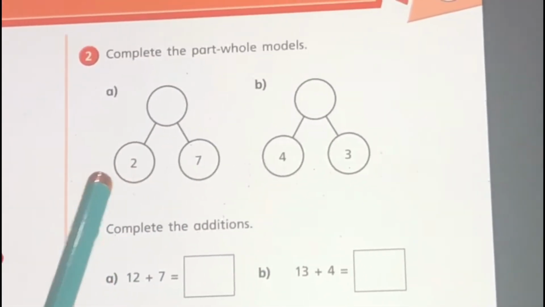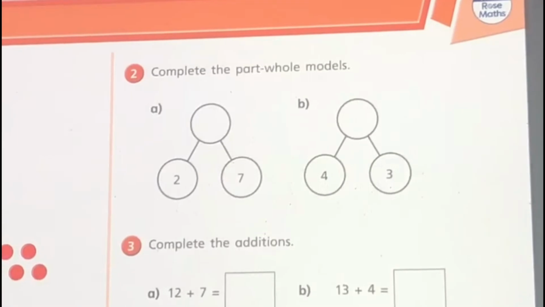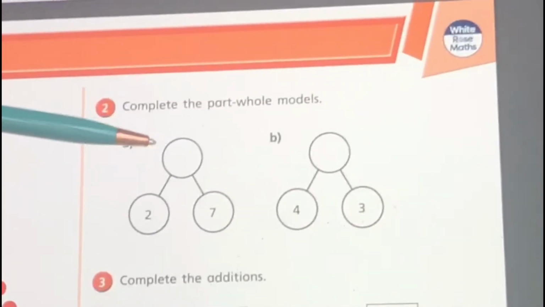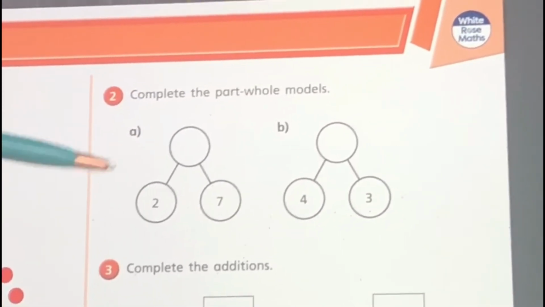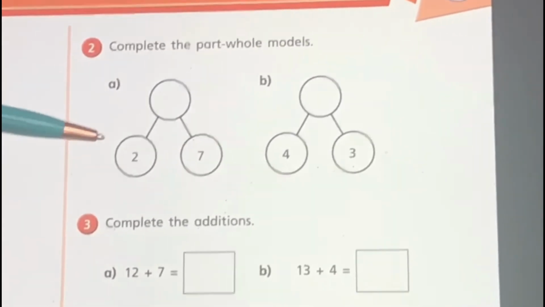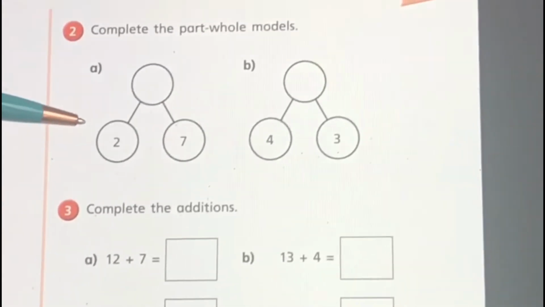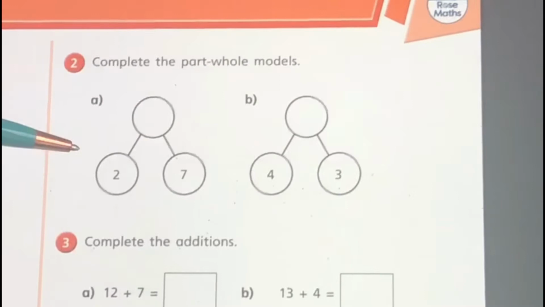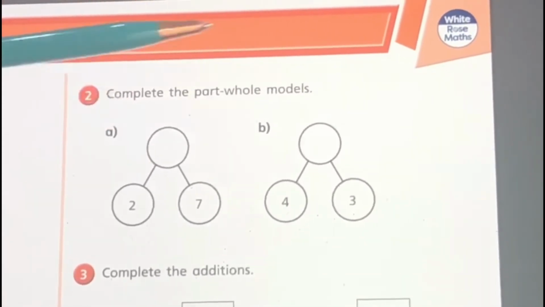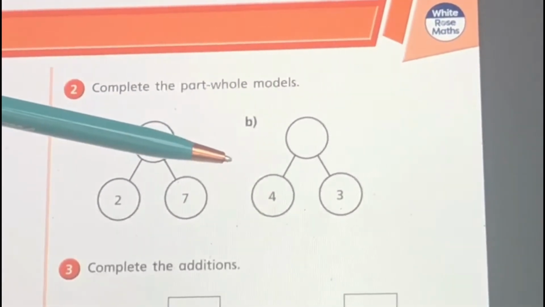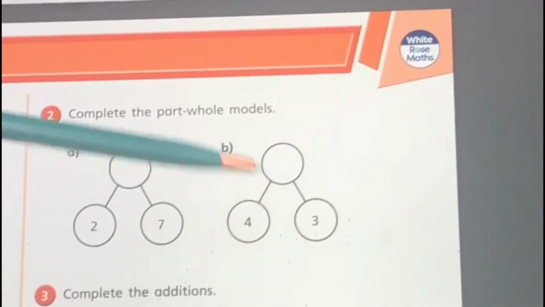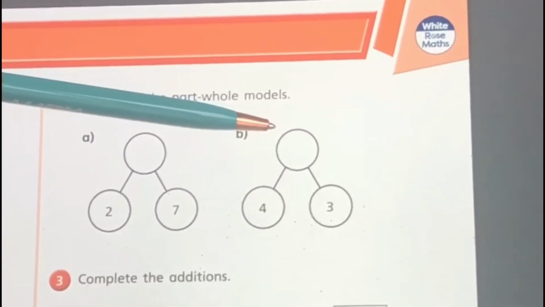So this is 2, add 7, and you put the whole in the circle at the top. Now you might find it easy, remember, you can swap around an addition number sentence, so you might find it easier to calculate 7, add 2. And then you've got another part-whole model here, 4, add 3, and find the whole.